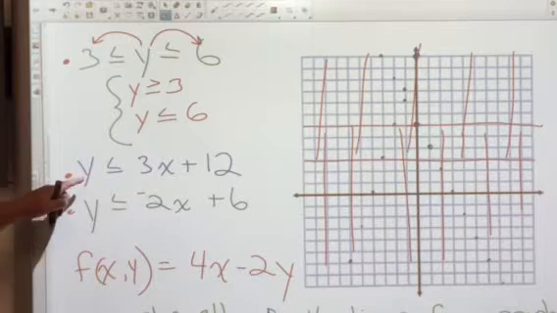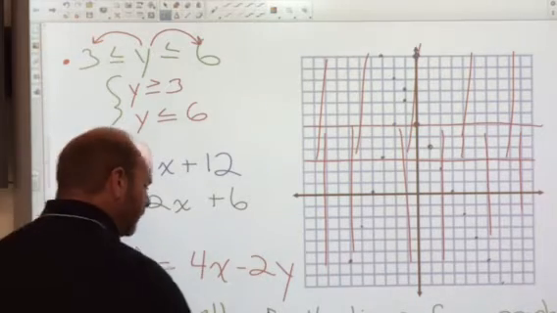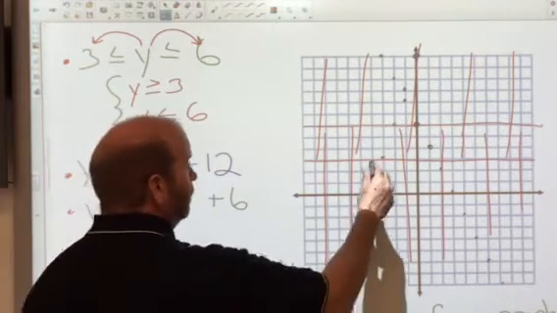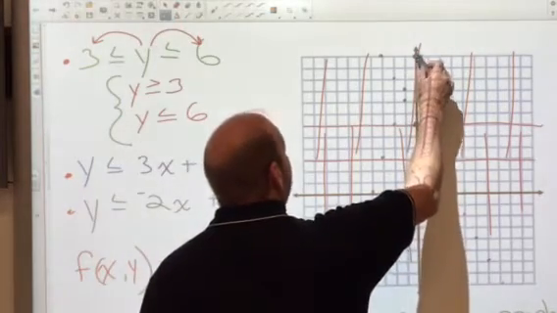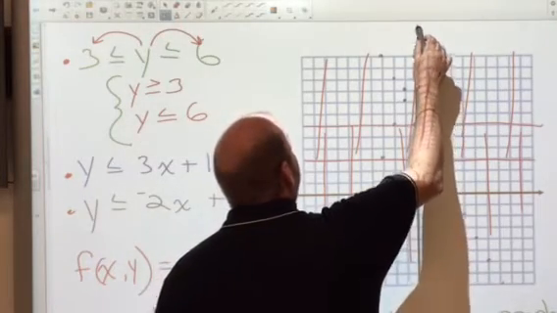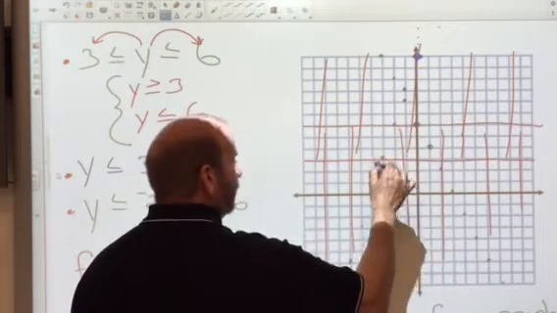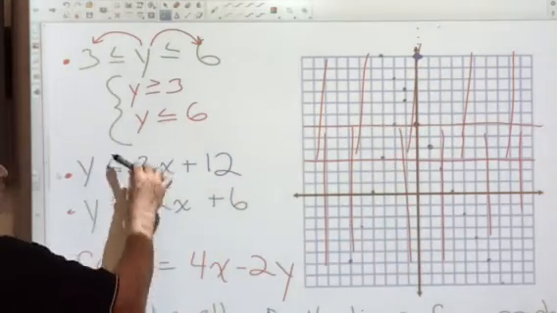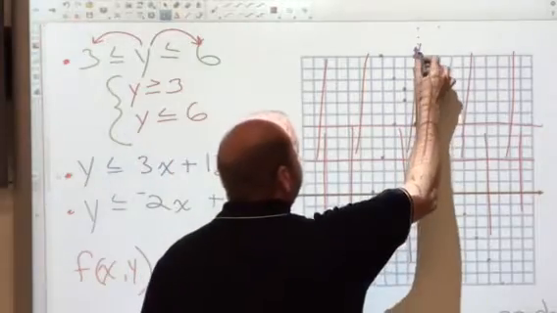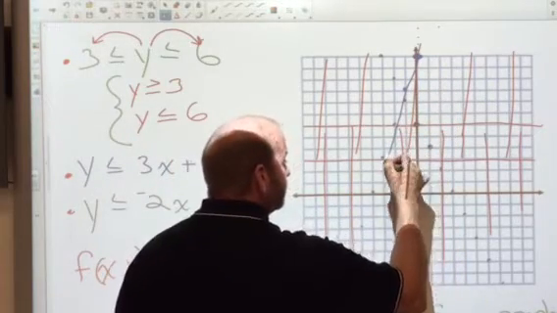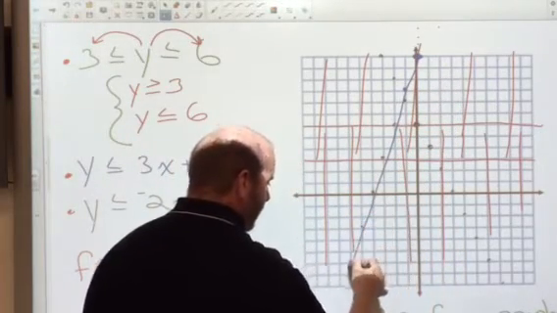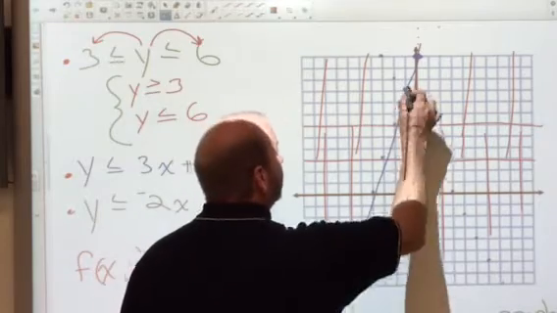And then in blue, y is less than or equal to 3x plus 12. I already have some points graphed in blue. The 3x is up 3, right 1, but we don't want that. We want down 3, left 1, down 3, left 1, down 3, left 1. It's less than or equal to, so the equal to is telling us to have a solid line.